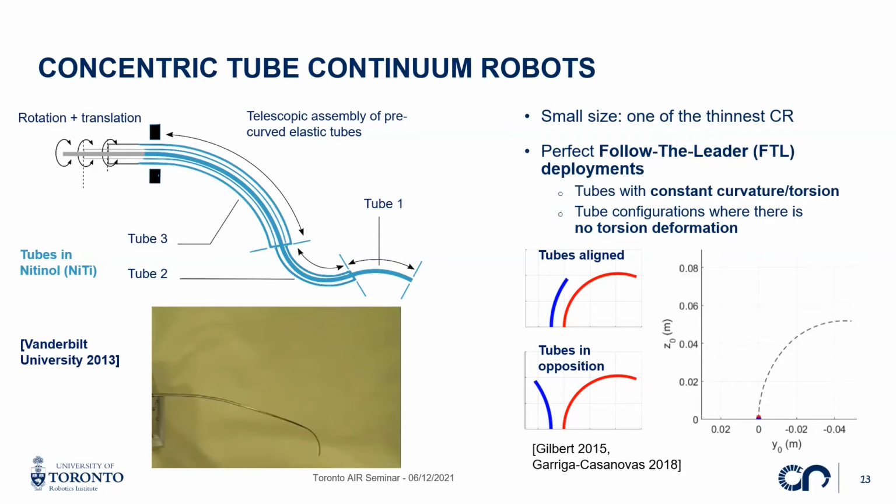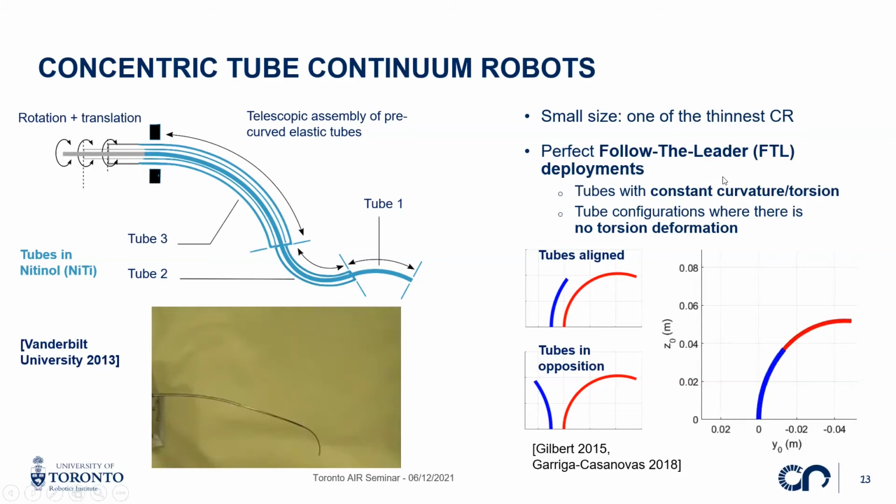It's the same principle as with mobile robots, when you have one leader and the other mobile robots behind it have to follow the same trajectory as the leader. So here we have an example of deployment where the robot body is following the robot tip.